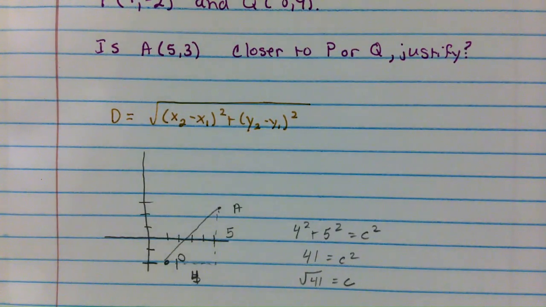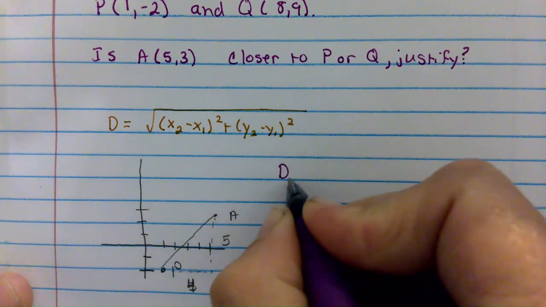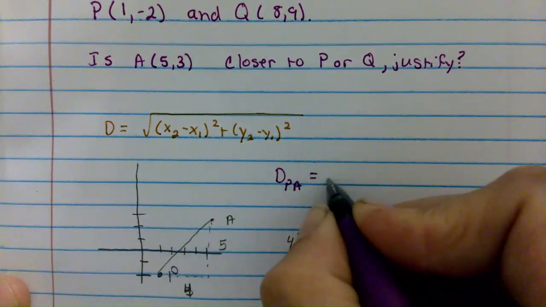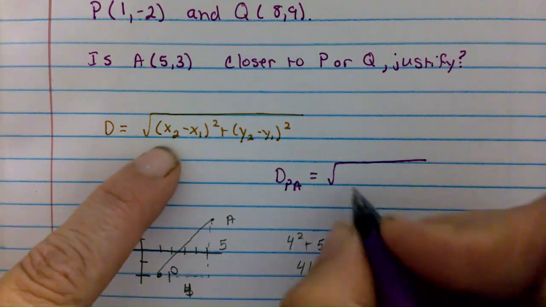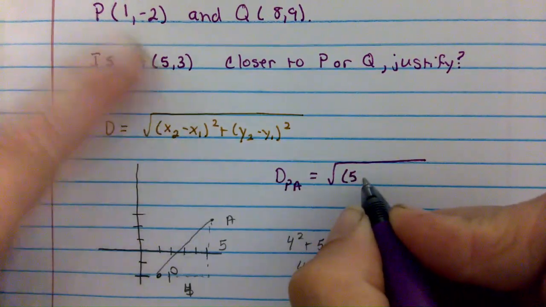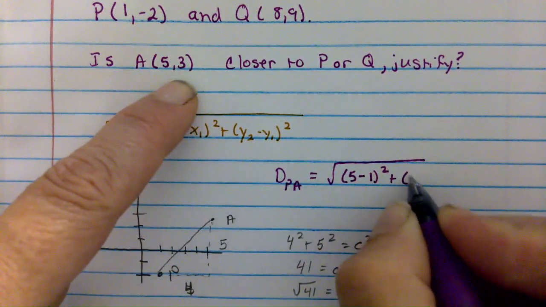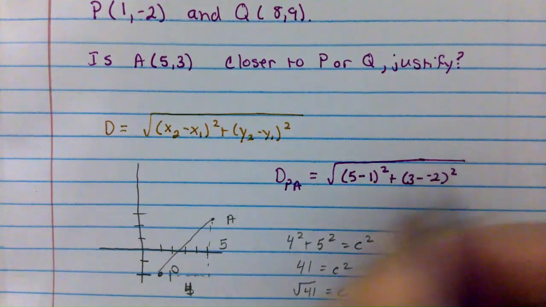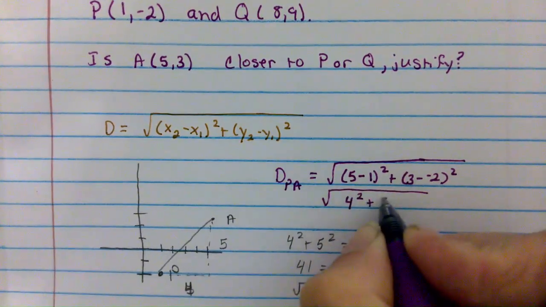Okay, well, let's check out what happens if I use P and A and I do the distance from P to A, right? x2 minus x1, so 5 minus 1, plus 3 minus negative 2. 4 squared plus 5 squared.